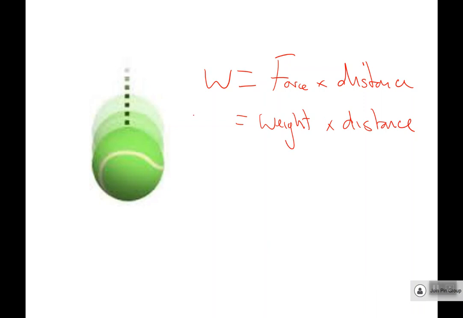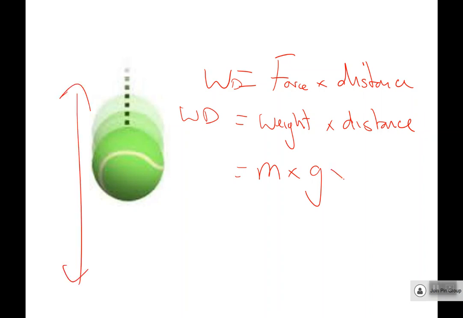But weight is mass times gravitational field strength, and the distance is actually going to be the height that the ball is dropped from. So now you can see that work being done is equal to mgh, and that looks very, very familiar. That is gravitational potential energy.